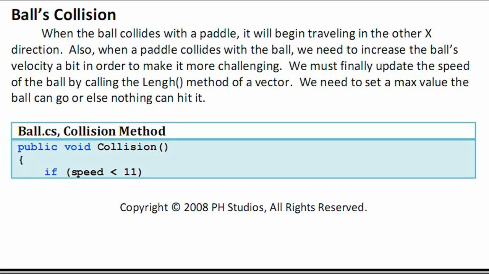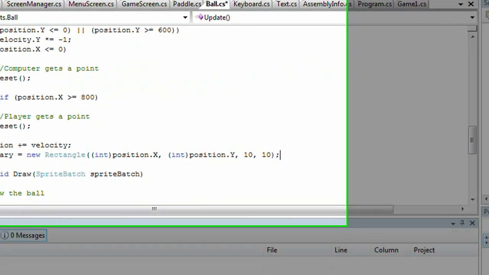But we are going to increase the velocity every time we hit the paddle. So we are going to individually increase the Y and the X portions of the velocity vector. And we want to keep speed as it should. So in order to update speed, we need to call the length method. We also need to set a max value the ball can go, or else it'll reach a speed so fast that no paddle can hit it. It'll be way too hard to hit. So let's go ahead and do that in our code.